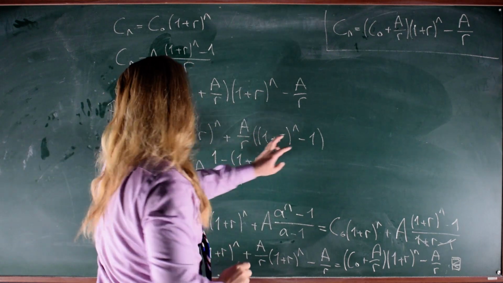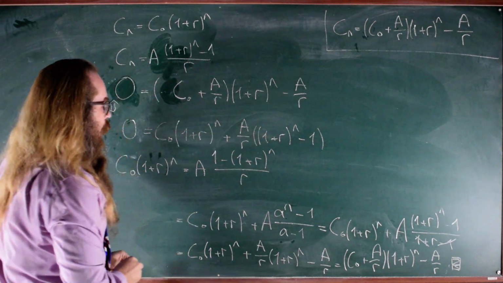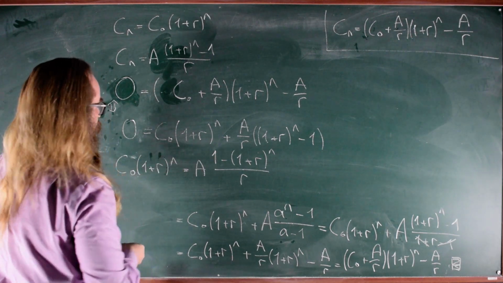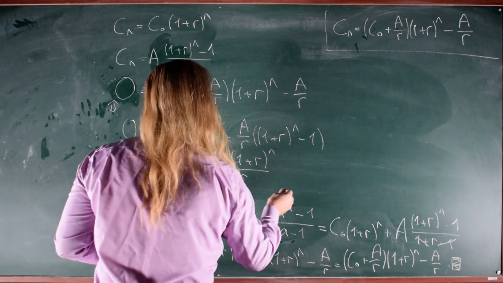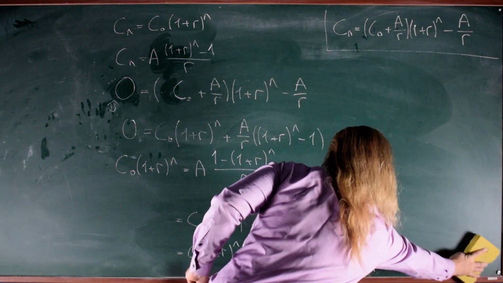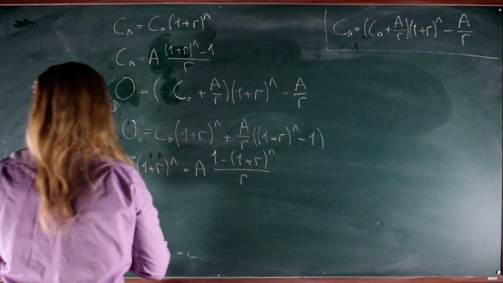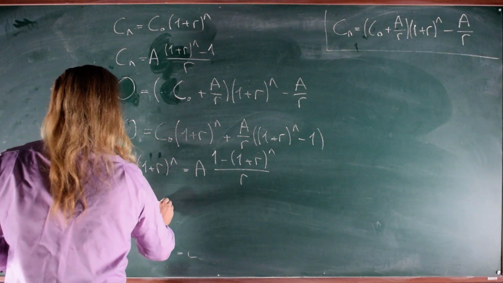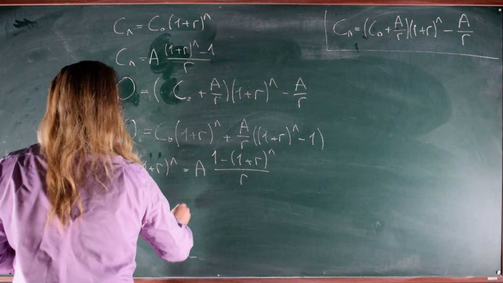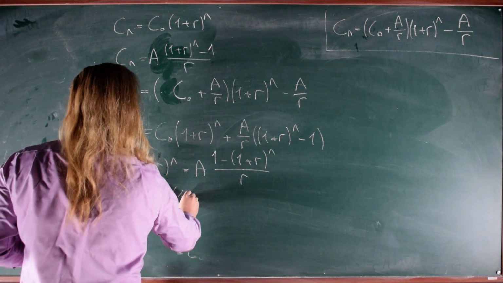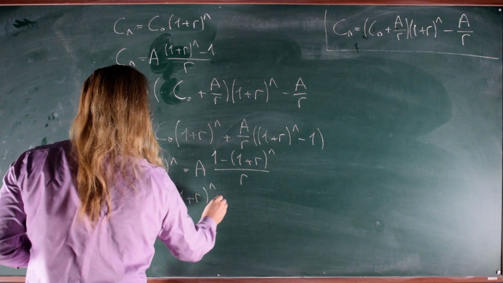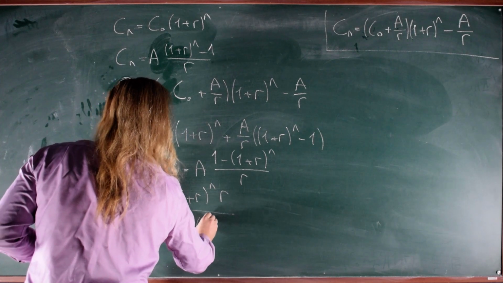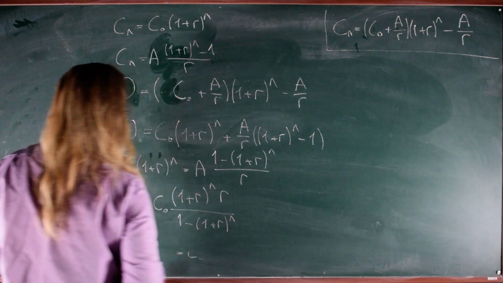And I flipped these two because they must have opposite signs for this to be true, right? And now I just divide by this little beauty over here. So the annuity will be equal to the initial capital multiplied by (1 plus r) to the n times r over (1 minus (1 plus r) to the n).